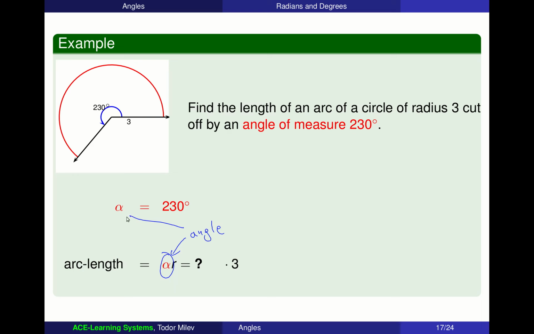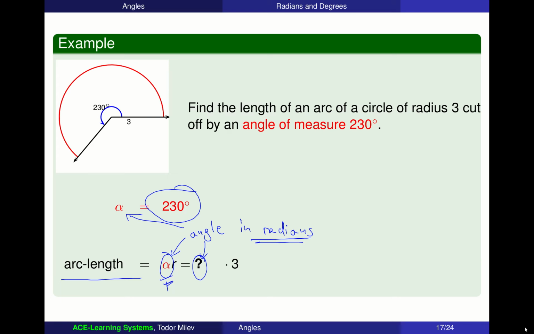So that's the angle alpha, that's the 230 degrees. Now, if you remember, this arc length formula was for the angle in radians. So you cannot substitute the number 230 degrees in there directly, because it's not in radians.